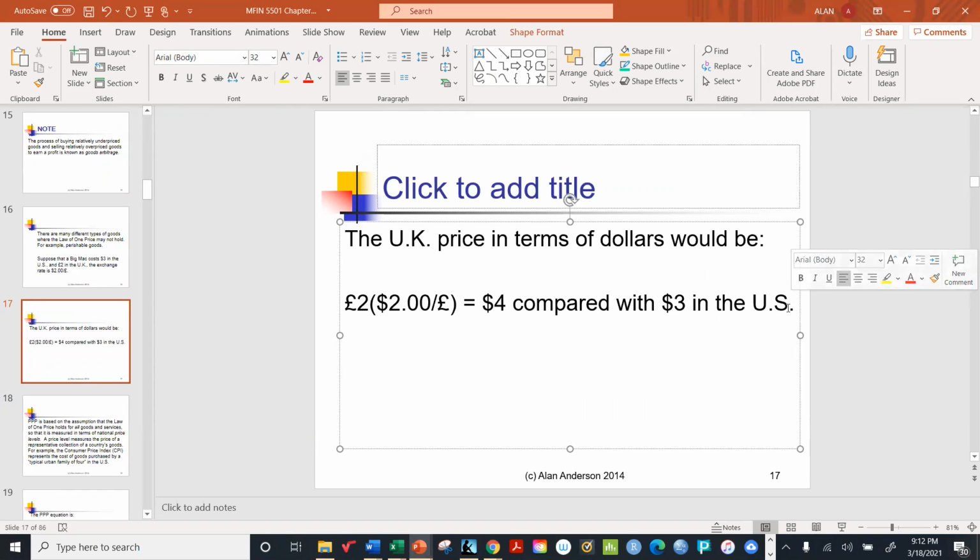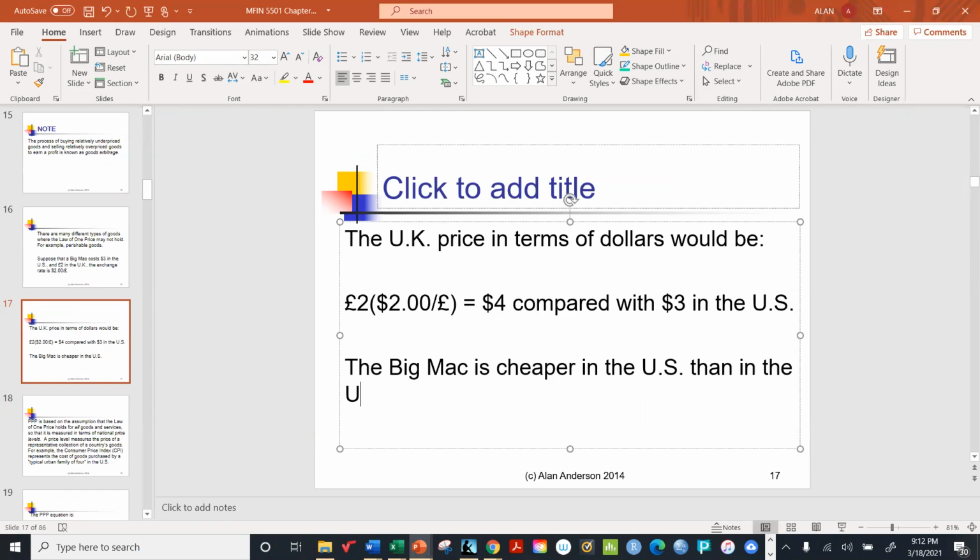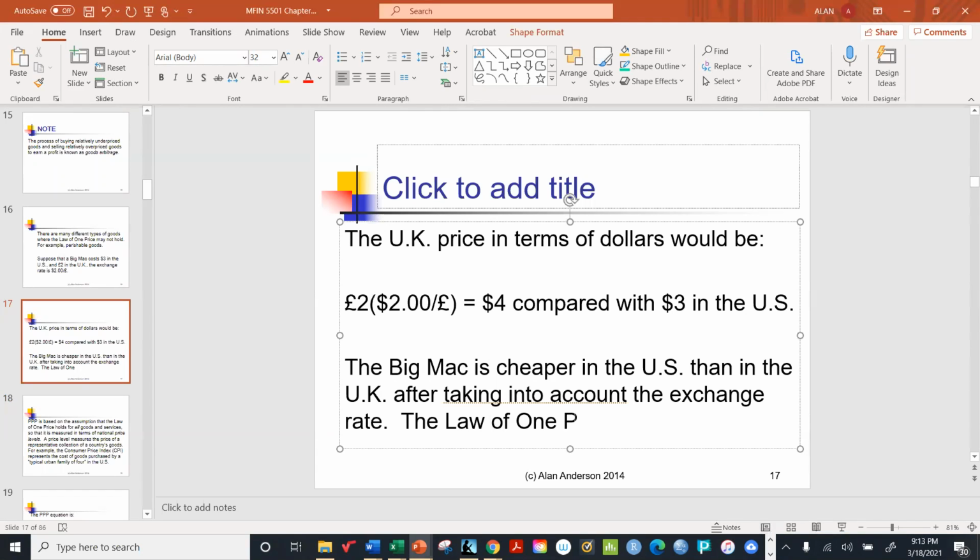This time, the Big Mac is cheaper in the United States than in the UK, after taking into account the exchange rate. The law of one price is violated.